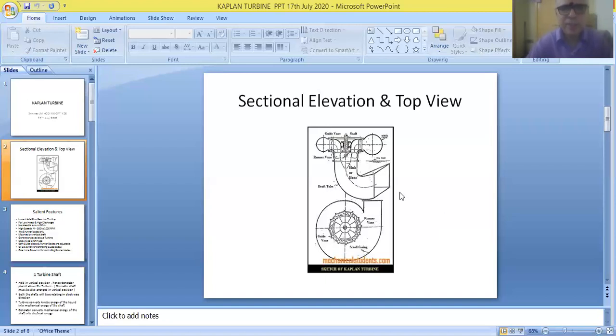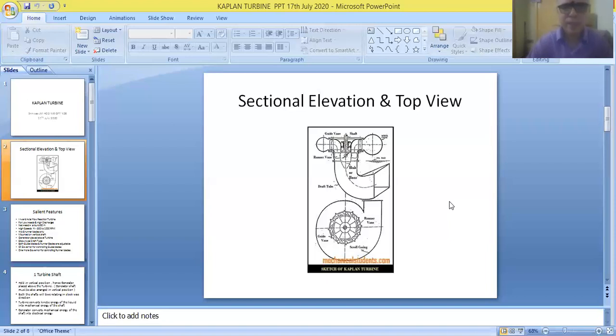And finally, friends, we can go to the sectional elevation. So we have talked about the arrangement of the draft tube. All components can be explained with the help of the top view of the machine, and the sectional elevation is very essential for explaining or showing the arrangement of the draft tube.